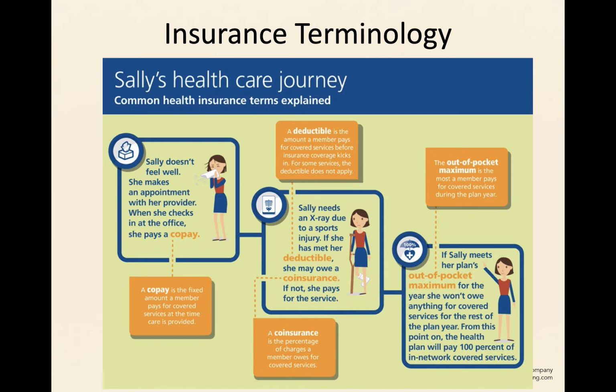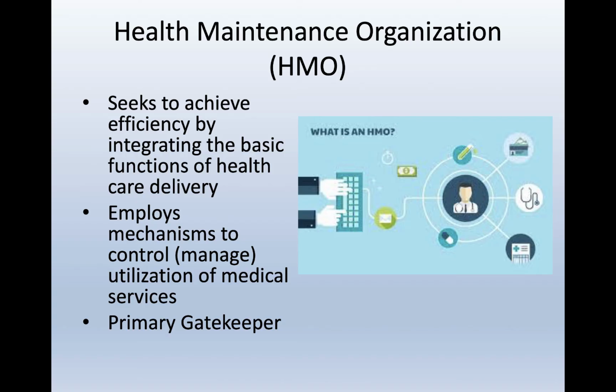Not so much for an HMO, which is like Kaiser Permanente, but this is insurance terminology. I just want to make sure you got the basics here. And definitely, if I didn't cover it in detail, just know that you can go out and look up a lot of this terminology on the internet. It does a good job of explaining it. But I just want to make sure we had the basics here.